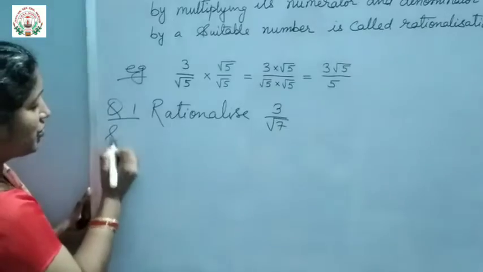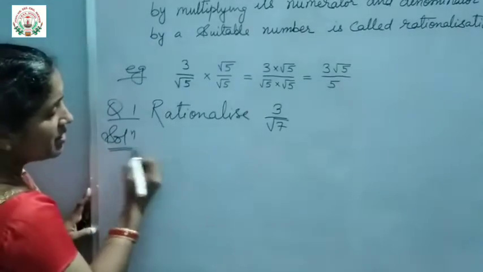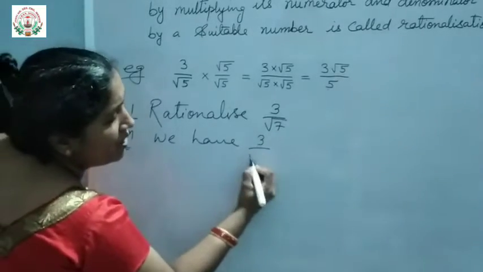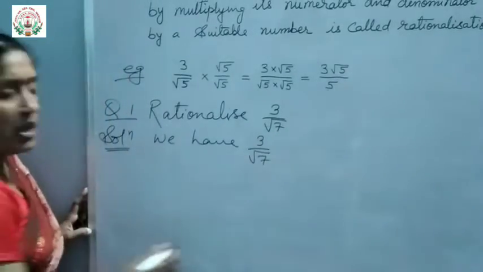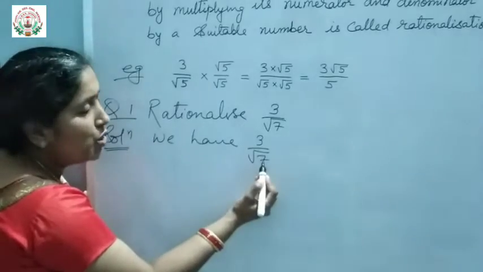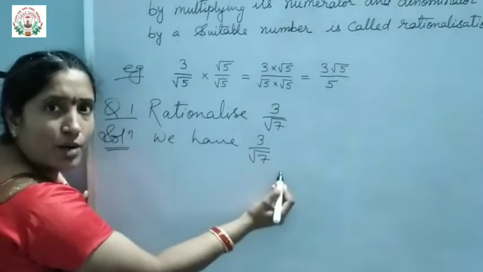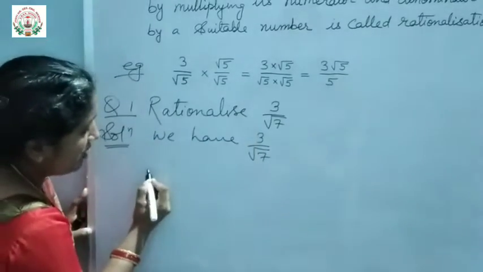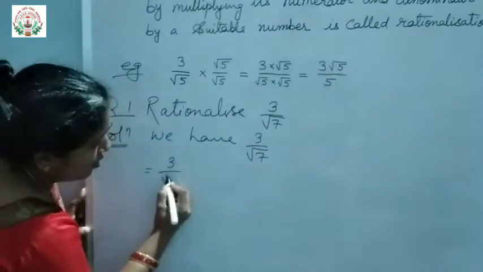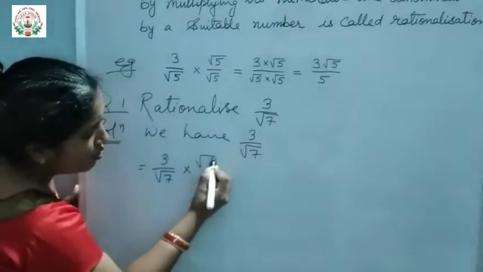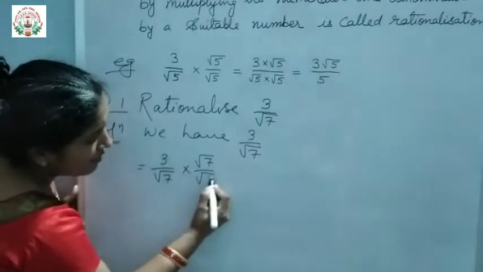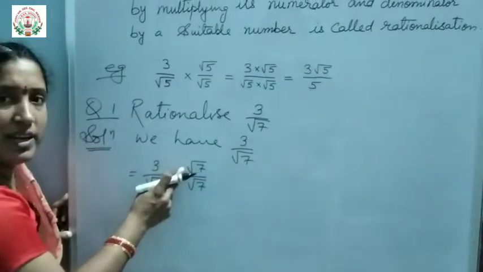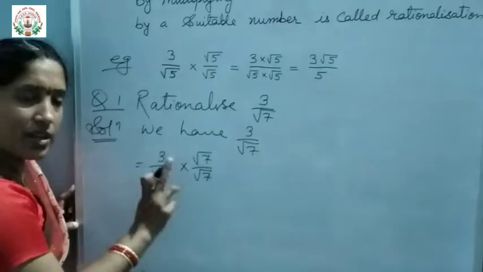So the solution: we have 3 upon root 7. If I multiply root 7 to the numerator and denominator, it will be 3 upon root 7 into root 7 upon root 7. Same value I have divided and multiplied. Clear?